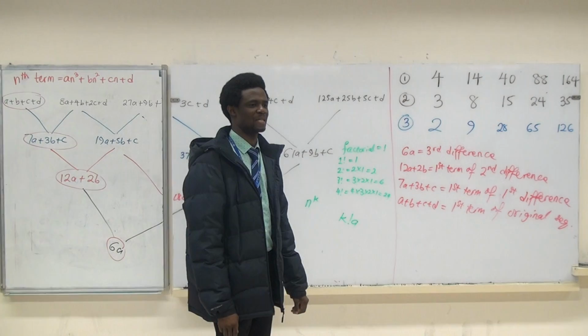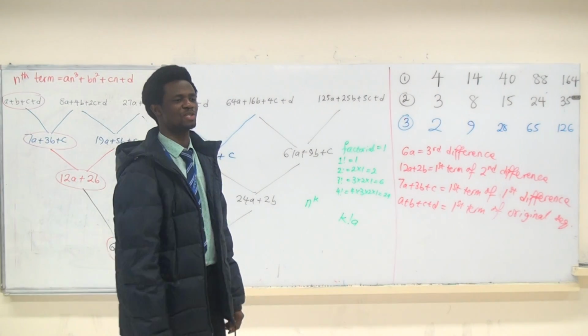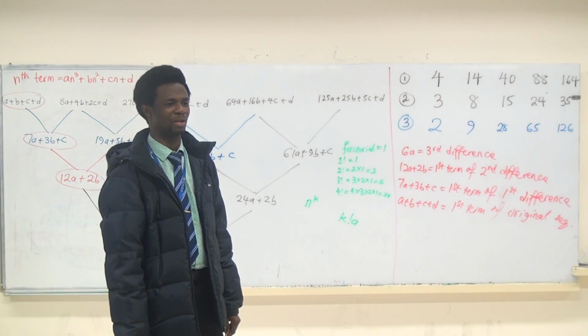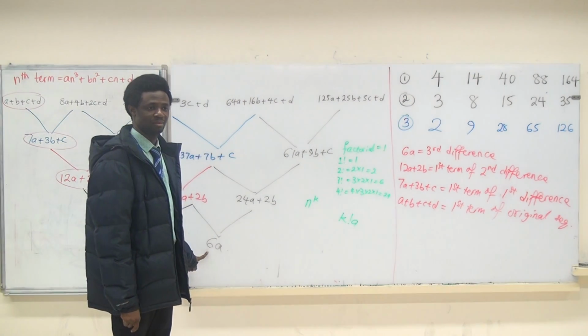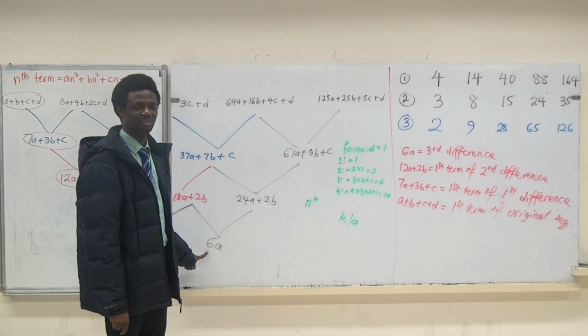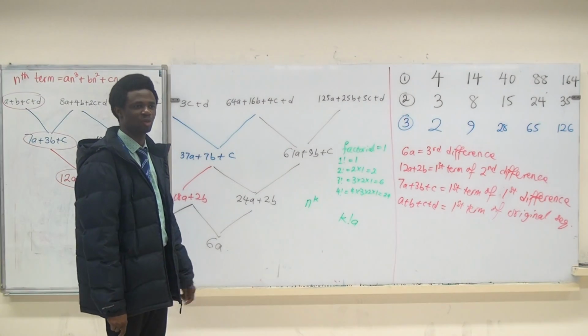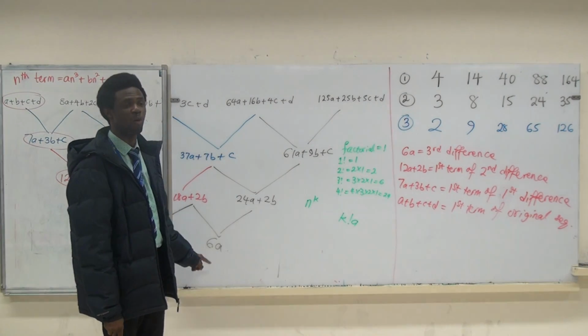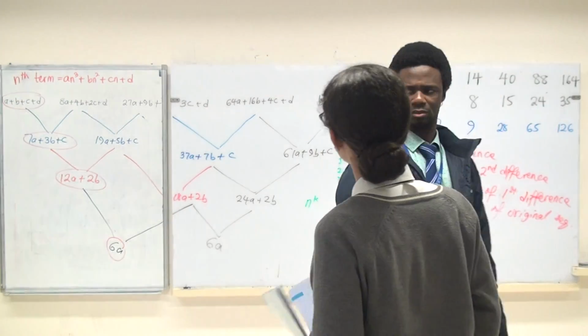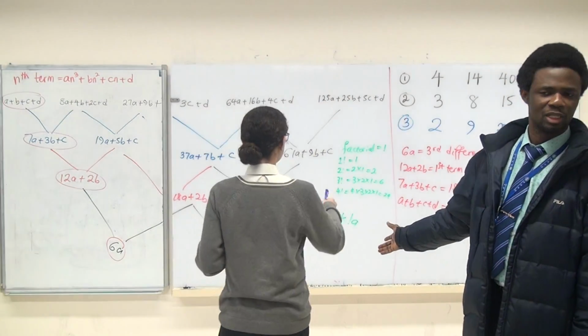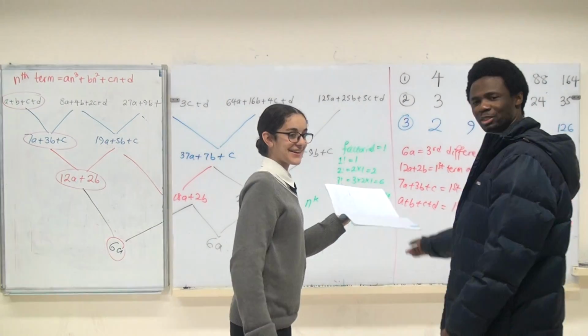Did you notice this? That's factorial. The next one will be 24, then 120, then 720. You understand what I'm saying?